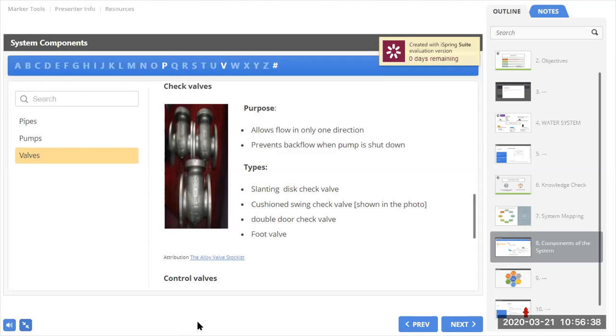And according to the Safe Drinking Water Act, there are some things that are suggested to prevent cross connection.